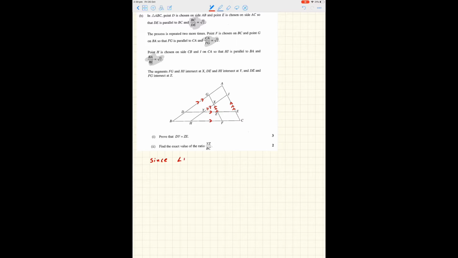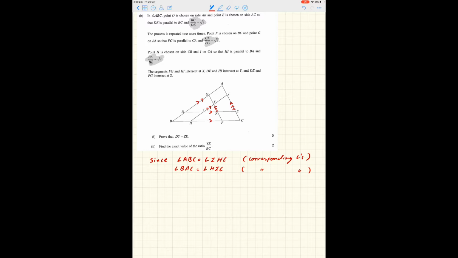Angle ABC is equal to angle IHC, reason: corresponding angles, and angle BAC is equal to angle HIC, reason: same thing, corresponding angles.